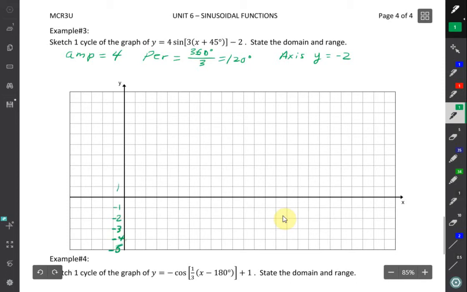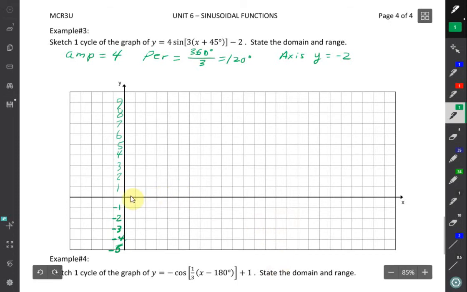then this upper scale, once again, we want to do this in segments of 4. In this case, we've been asked to do 1 cycle.